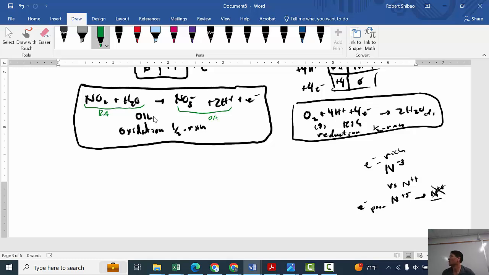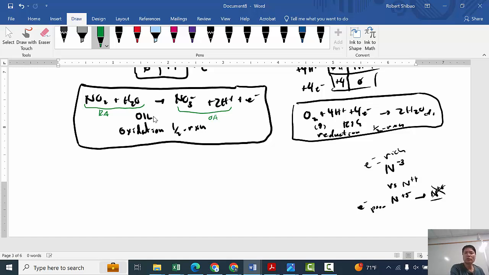There are two ways to tell. One, reducers lose electrons, so NO2 and H2O will be losing electrons. Two, oxidizers gain electrons, so if we look at this as the reactant going backwards, it's taking an electron here. So that's the conjugate relationship.